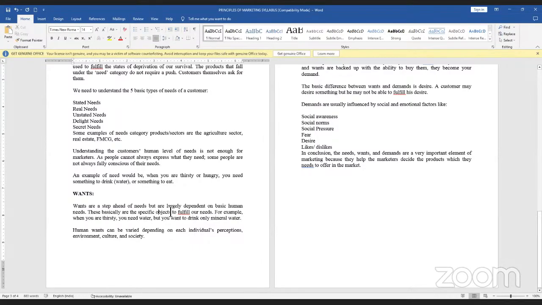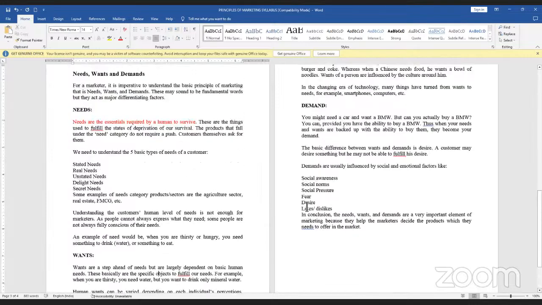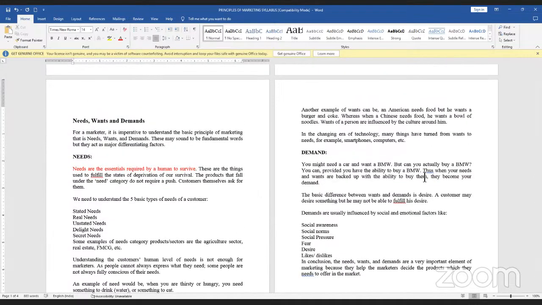I'm specified about my need, that is want. So the specification to fulfill the need is said to be a want, right? So wants depend on the individual, and on the perception of the human being, different people in the society.